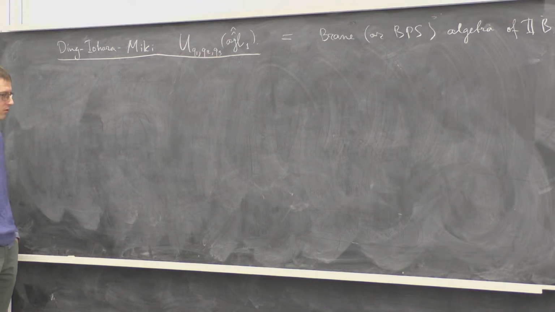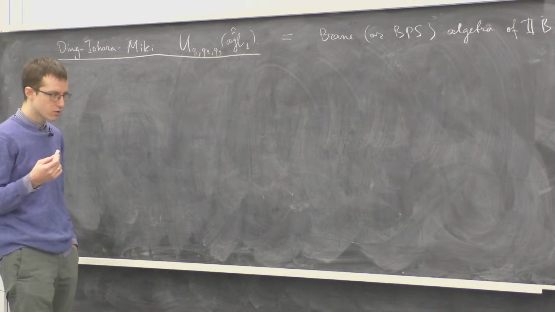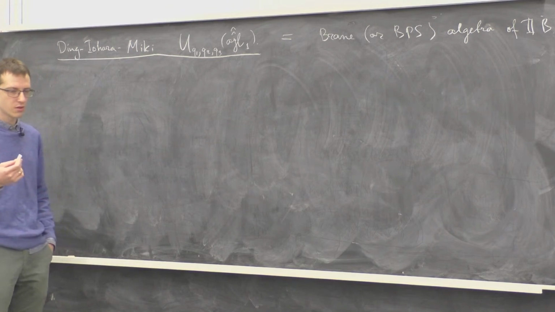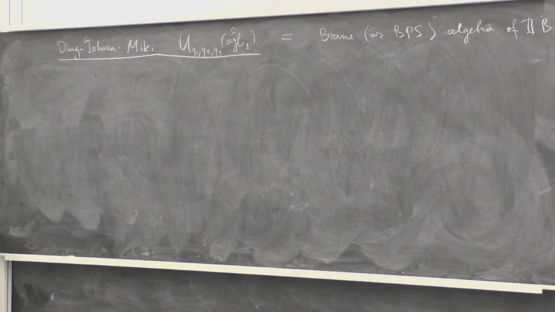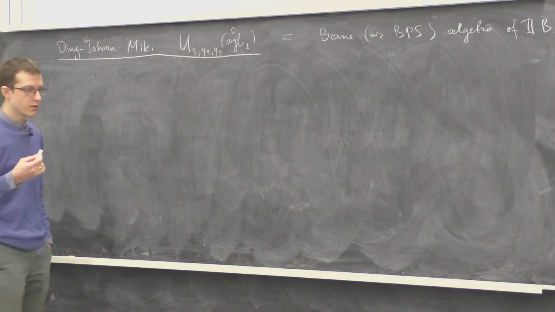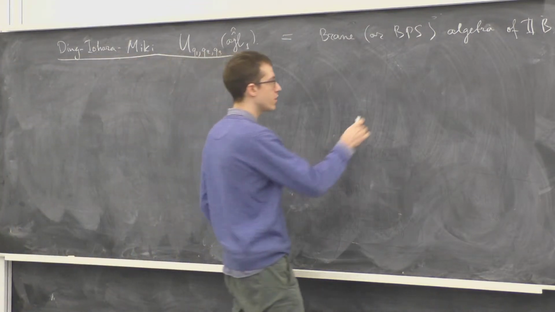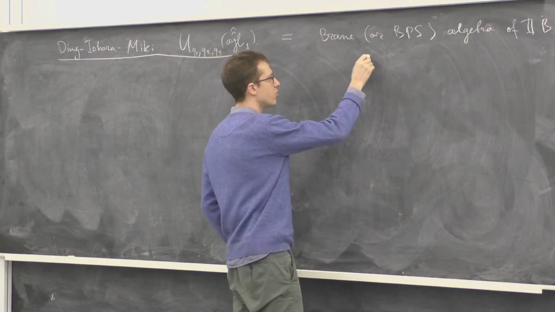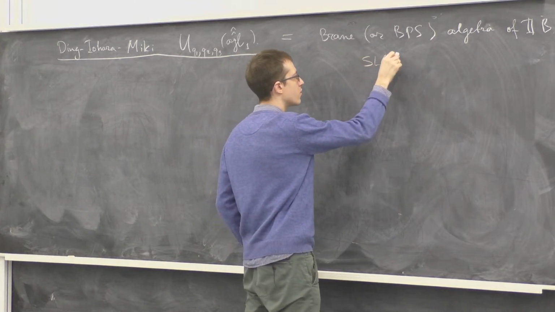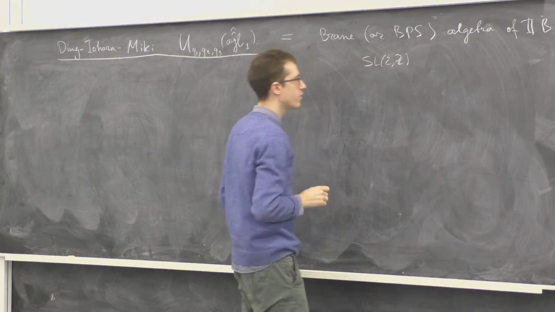And so what does it mean? In more practical terms, the representations of this algebra correspond to bound states between PQ strings and different branes of type 2B. So in type 2B there is an SL2Z symmetry, S-duality symmetry.